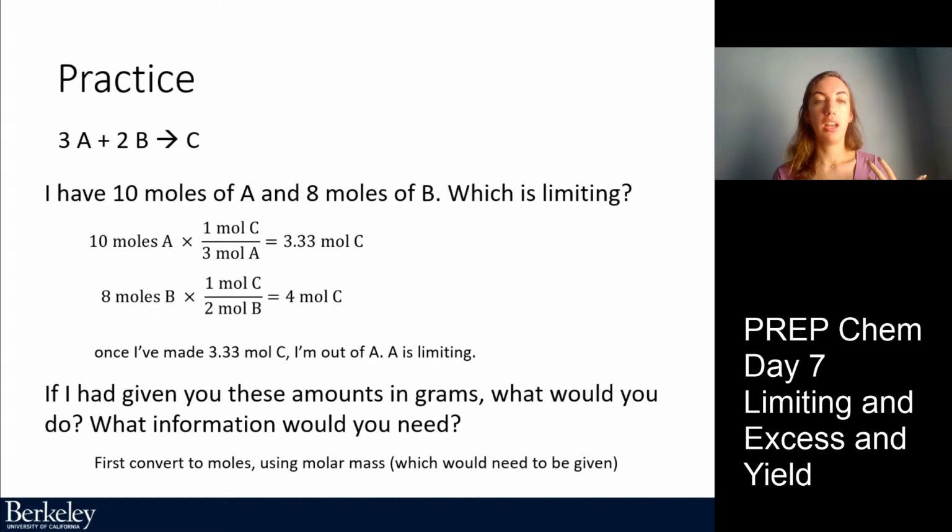So if I had told you that A is CO2 and B is H2O, you should be able to find that molar mass. But in this case, where A and B and C are made up molecules, I would need to tell you A has a molar mass of 20 grams per mole or whatever. So anytime you have amounts in grams and you want to use stoichiometric coefficients, you need to convert to moles using molar mass.